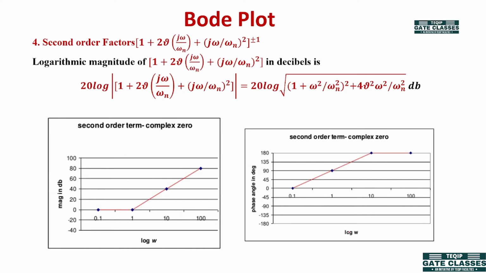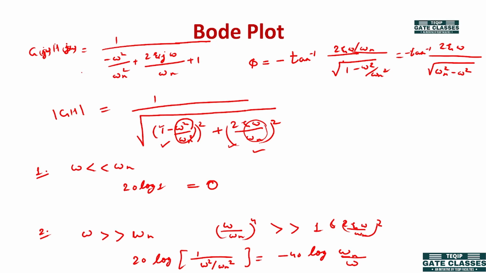So here we have considered a pole at origin, a second order zero, and in this case we have considered a second order pole.